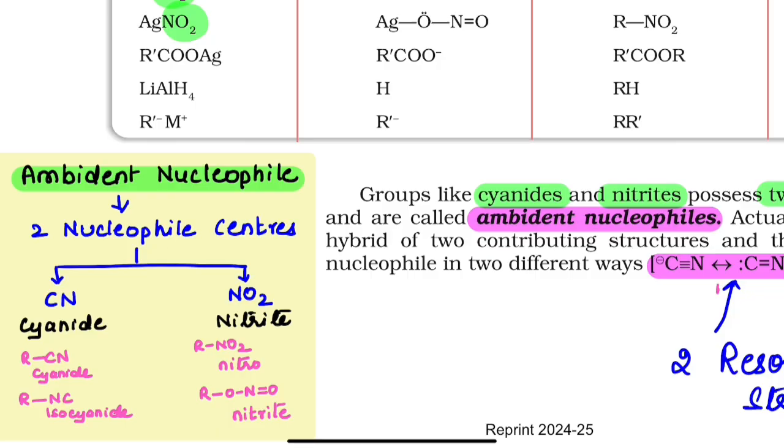In cyanide you can see carbon can attack the alkyl group, and nitrogen can also attack the alkyl group. So there are 2 nucleophilic centers. Same way in nitrite, nitrogen can attack the alkyl group or oxygen can attack the alkyl group. Therefore here 2 nucleophilic centers are present.